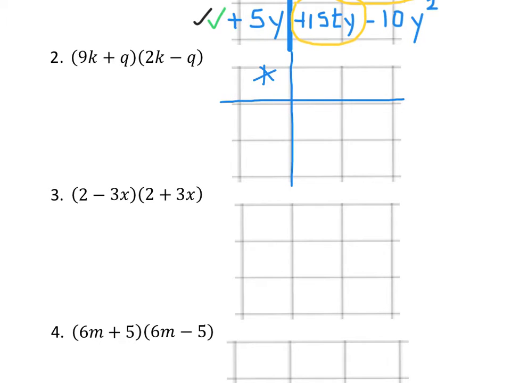So we are multiplying, and we have 9k plus q and 2k minus q. And again, doing exactly the same thing we did before. We're going to say 2k times 9k is 18k squared.